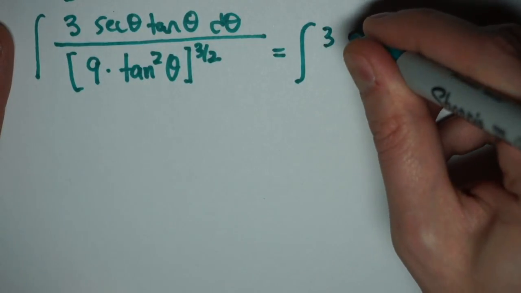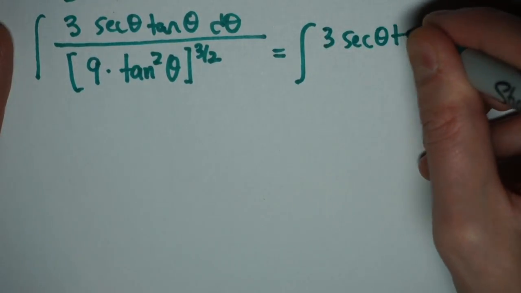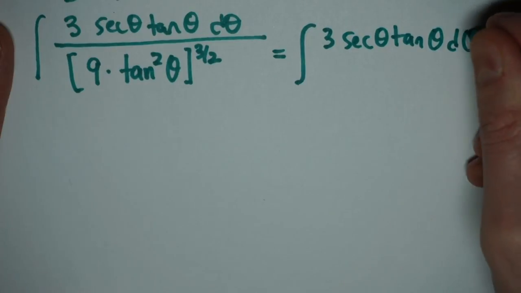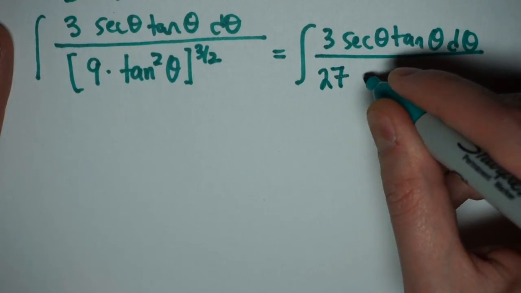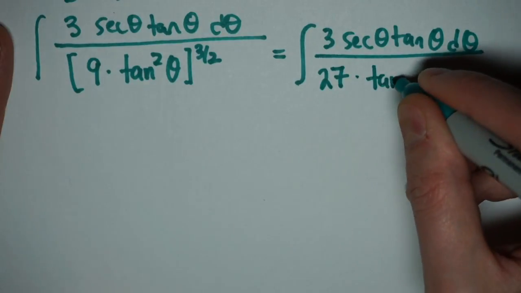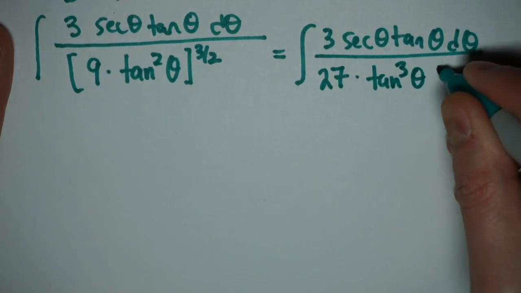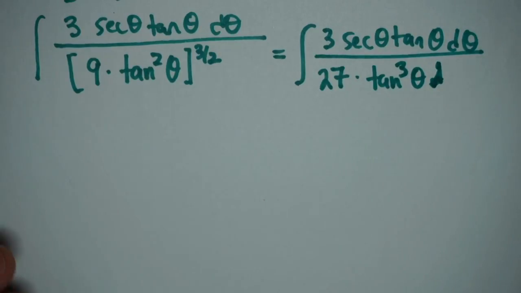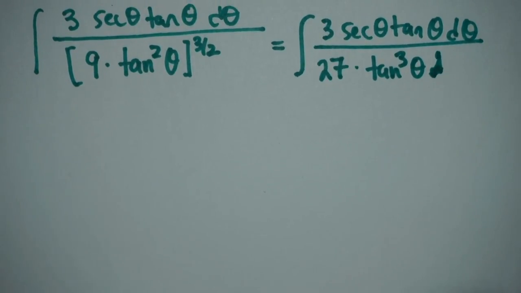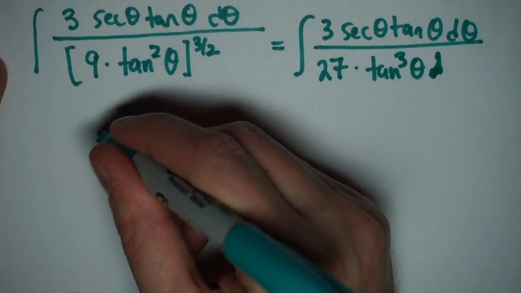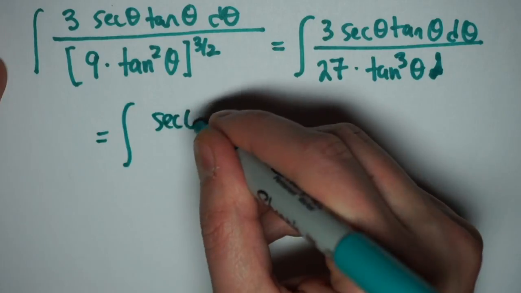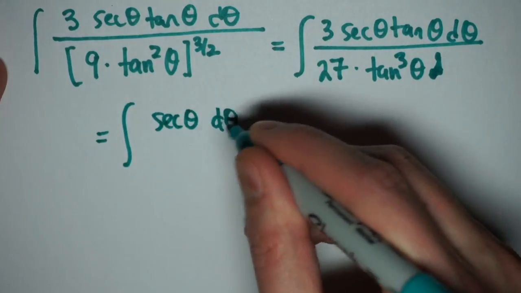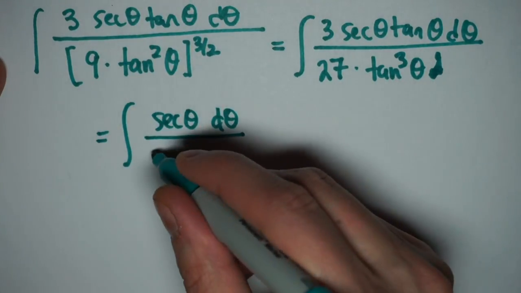And so I'm working with 3 secant theta tangent theta d theta, divided by 27 tangent to the 3rd power. Now simplifying my terms, I end up with 1/9 and secant theta divided by tangent squared theta.